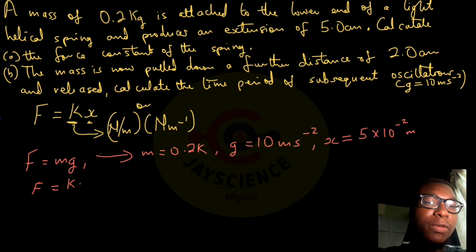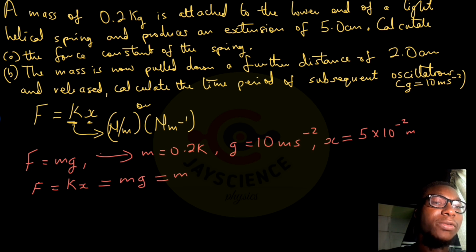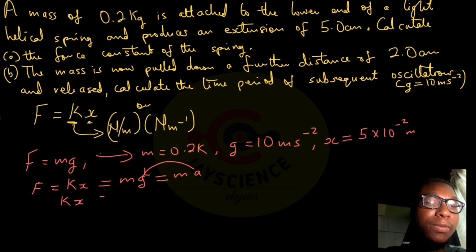We know that this is Hooke's law, and the applied force is also equal to mg, which is also equal to ma, but in this case our a is the acceleration due to gravity. We don't need the last one. We'll just work with kx, the spring constant, and mg.